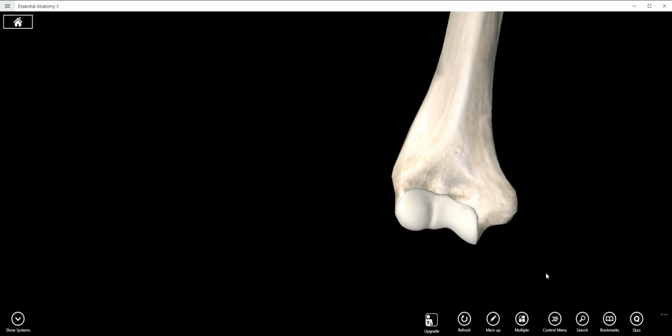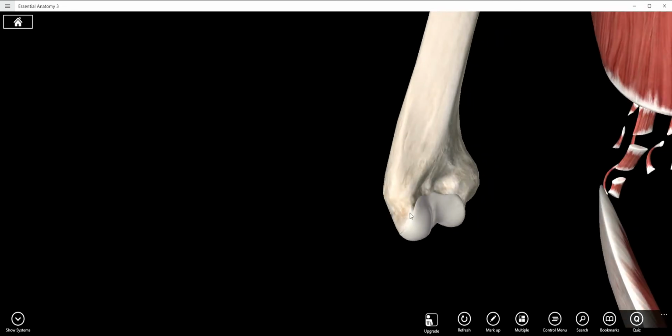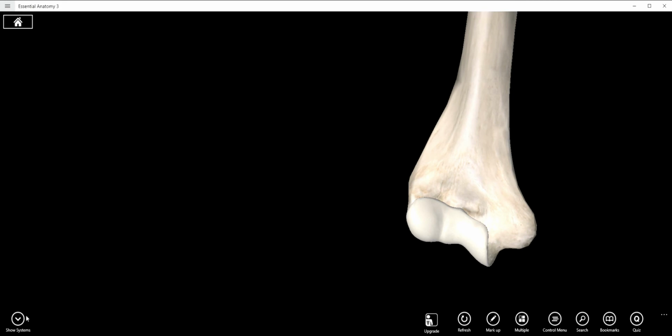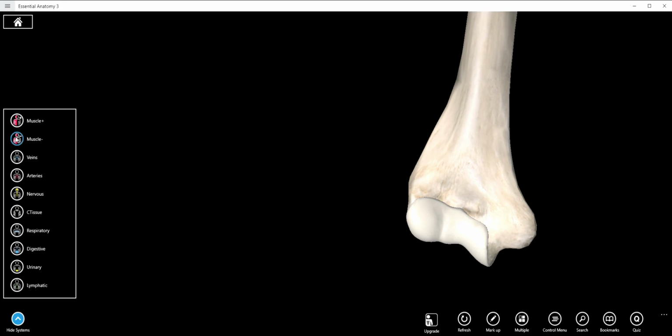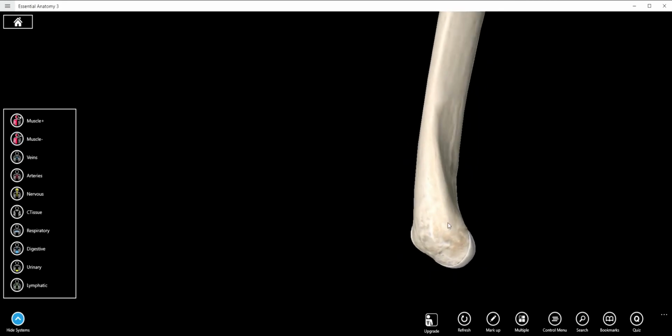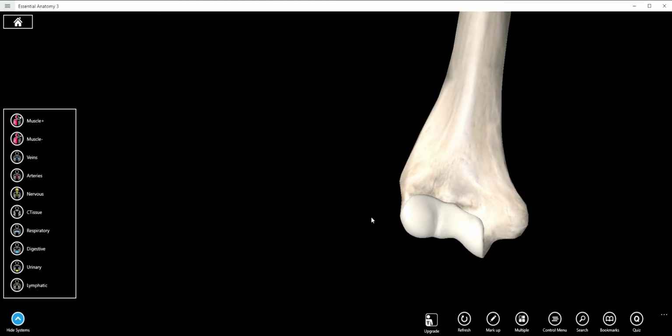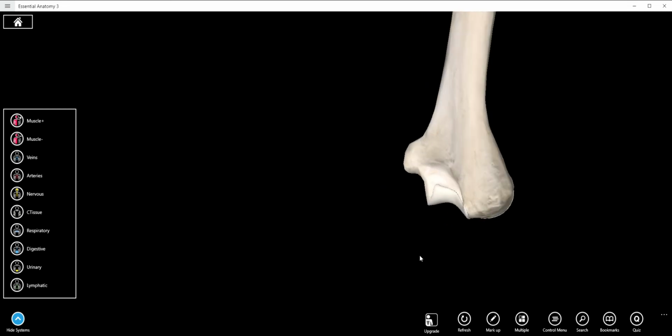And that brings us to our distal end. So just this very end, there's some structures to name. Now, if we do a spin here, we can see that there are some fossae. So here's a fossa in the back, and two fossae in the front. We're going to start off with this one in the back.